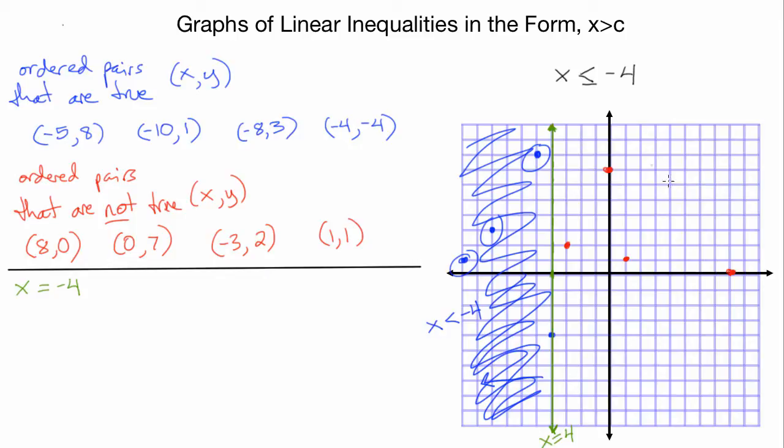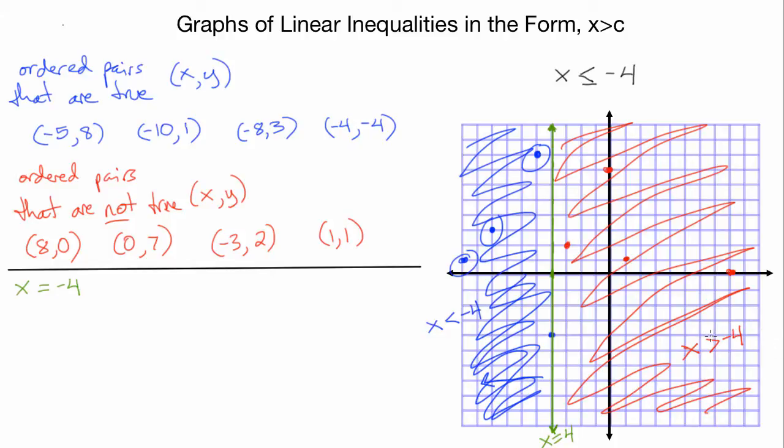Now all the x values greater than -4 are going to be on the other side of the green line, in this area over here. This region that I'm shading here represents all the points that have an x value greater than -4. And the green line is all the points that have an x value equal to -4. So there are three different regions, depending on whether we're greater than, less than, or equal to.